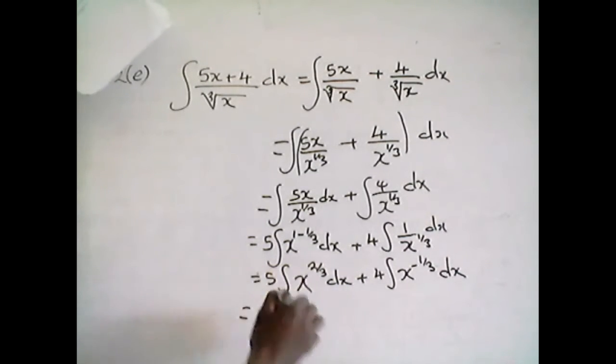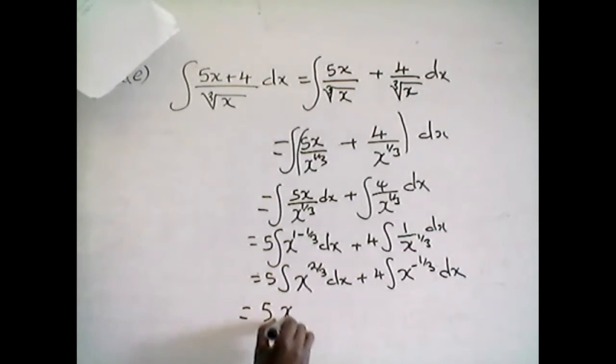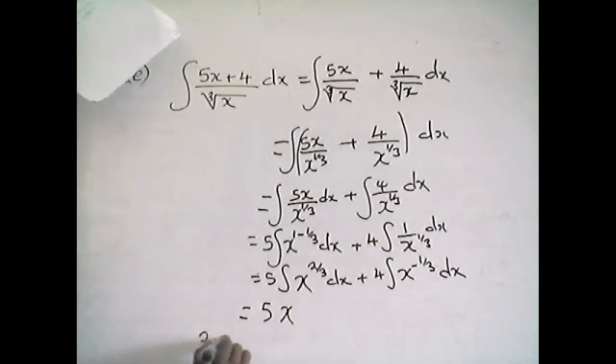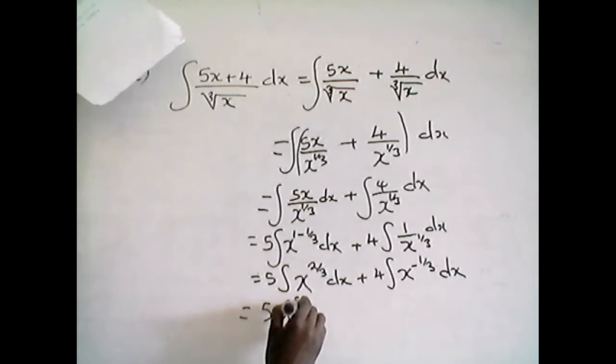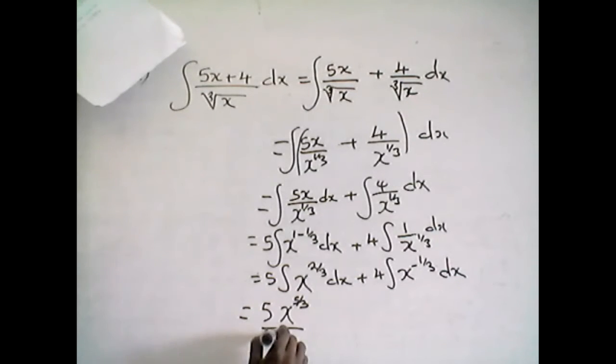Then I'll start with x to the power 2 over 3. When you add 1 to our power there, what are we going to get? 2 over 3 plus 1, so we're going to have 5 over 3. So this will give us 5 over 3, and we divide by 5 over 3.